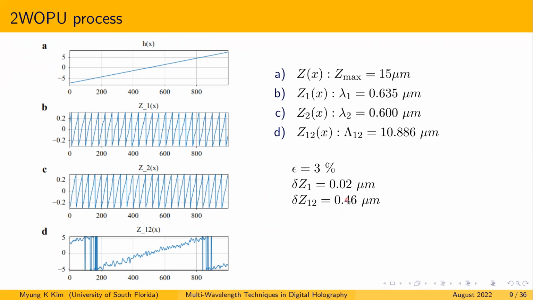So initially, the single wavelength profile has about 0.02 micron height noise in here. But the synthesized profile has noise 0.46 micron. The height noise is amplified in proportion to the synthetic wavelength.